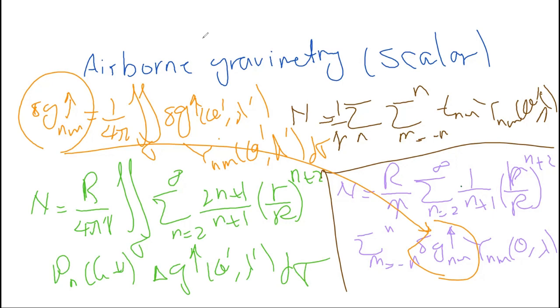That's the integral formula for determining the geoid from airborne gravimetry data.